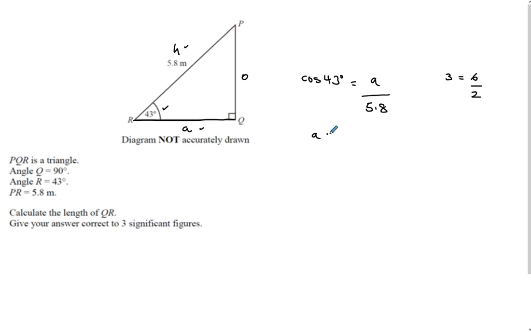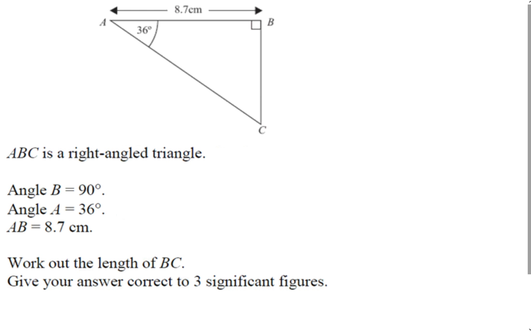So A equals 5.8 times cos 43, which works out to 4.24 centimeters. And again, you can see it's less than the 5.8, which is the hypotenuse. All right, yeah, easy, isn't it? Okay, let's try another one.